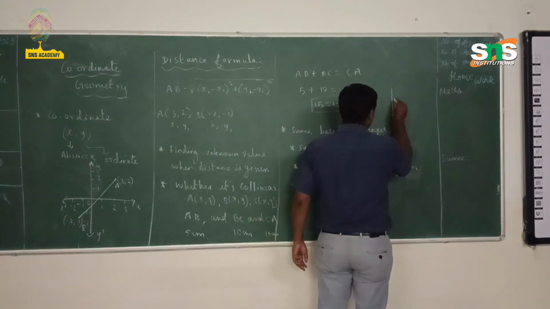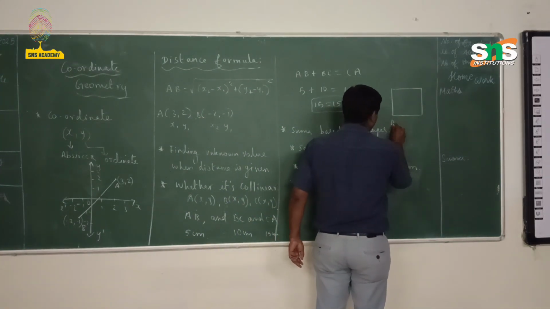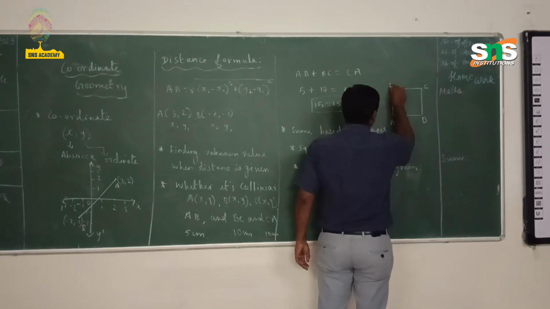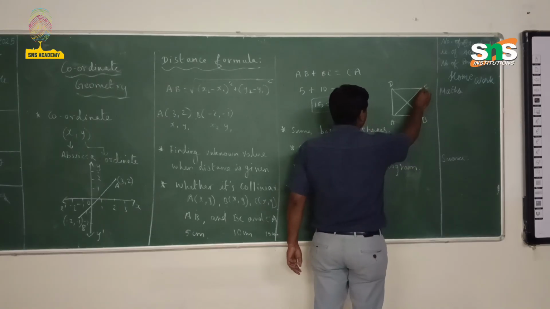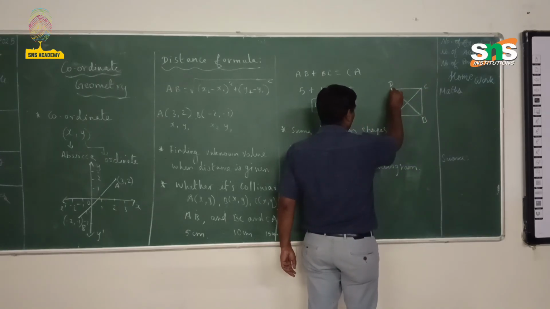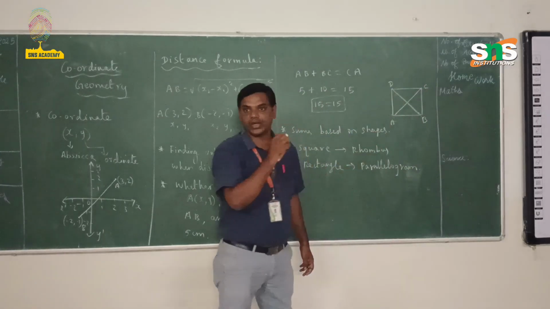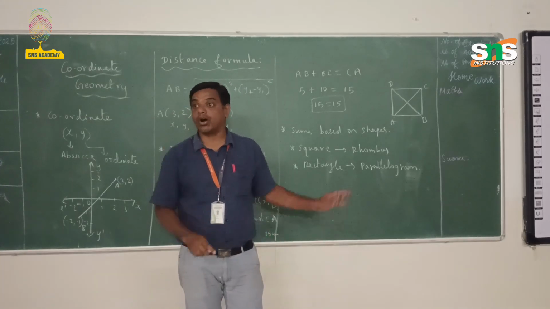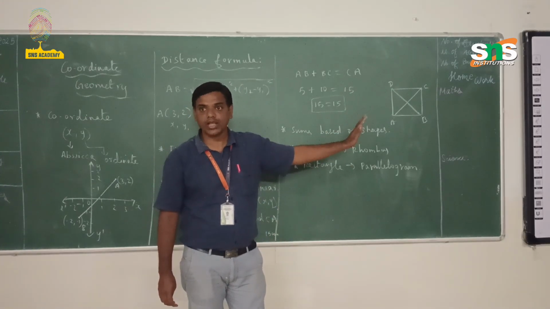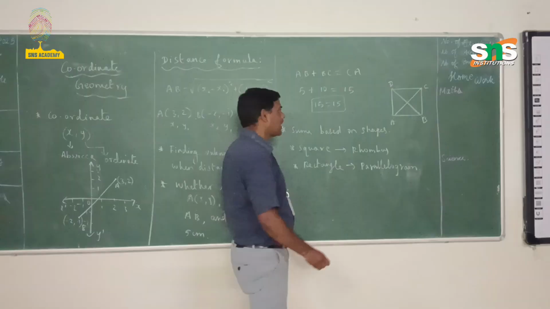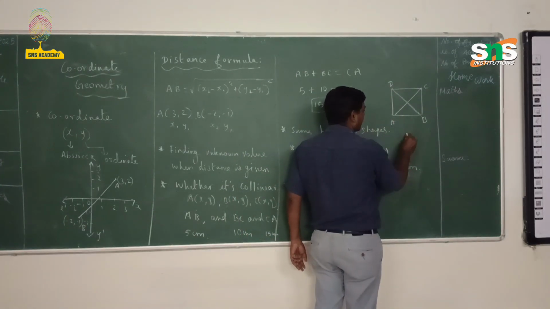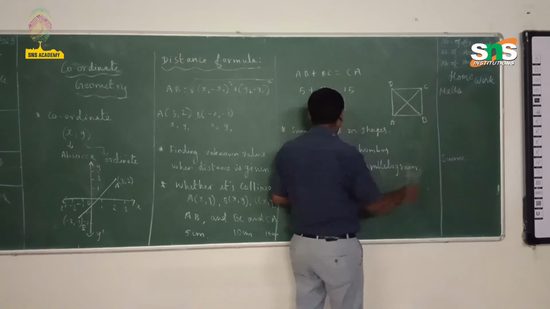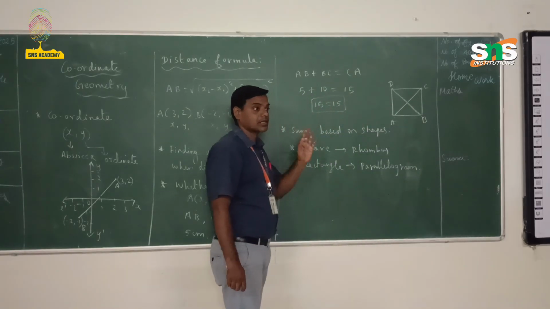For example, taking a square ABCD, you should find the distance AB, distance BC, distance CD, and distance DA. You have to check all the sides are equal. That is one condition. After that, you have to find the diagonals. When AC equals BD, then the given points will form a square.